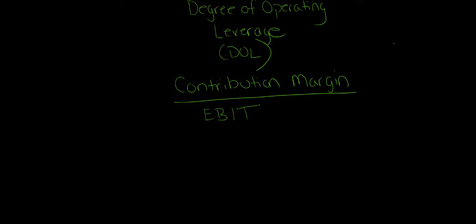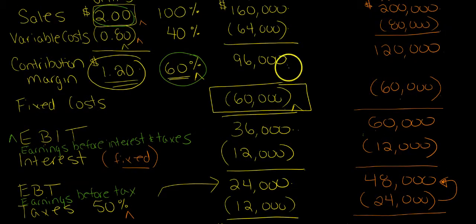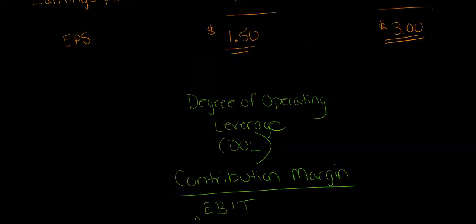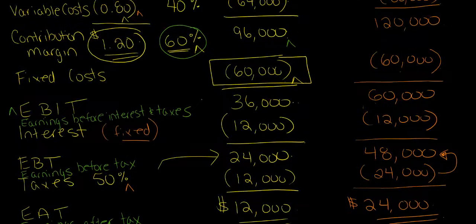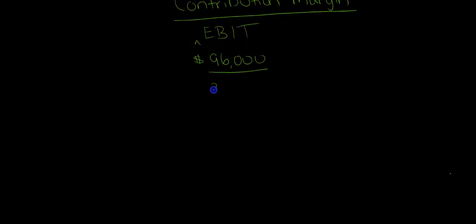So if I go ahead and grab the contribution margin, the contribution margin is 96,000. I'll take that and divide it by my earnings before interest and taxes, which is 36,000. That gives me a factor of 2.66666, repeating.